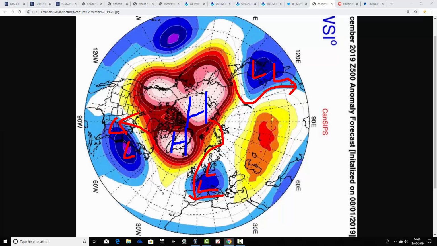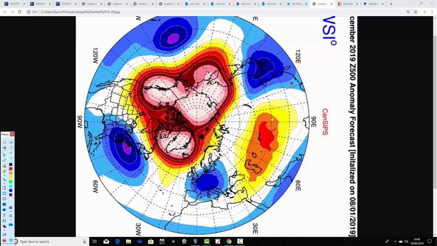There is an idea, I know some people have the idea, that if it's very cold in America, especially in the eastern part of America, that we will not be cold in the UK and in the west of Europe because it'll blow up the jet stream and bring areas of low pressure in off the Atlantic. And that does happen quite a lot.